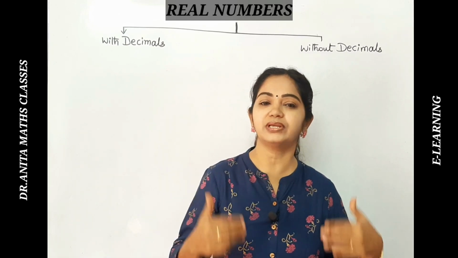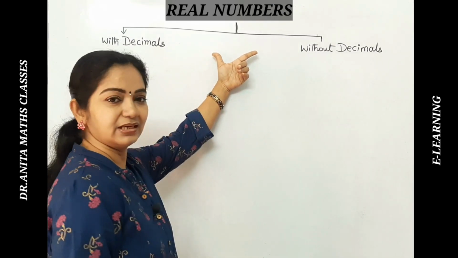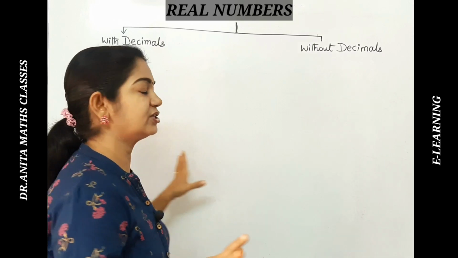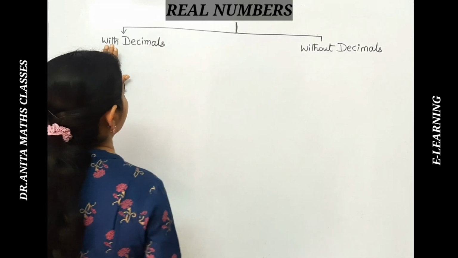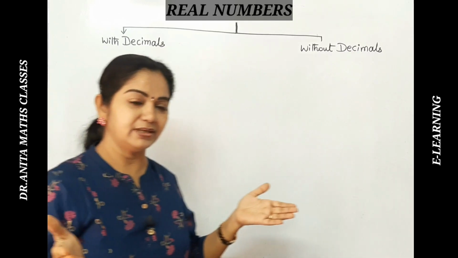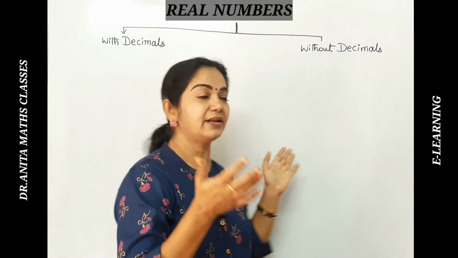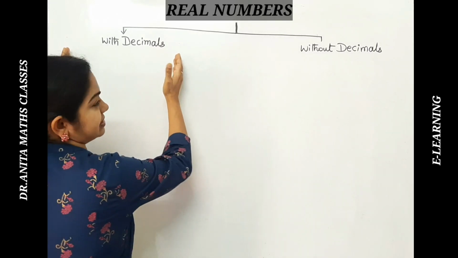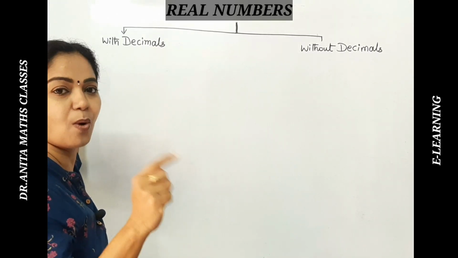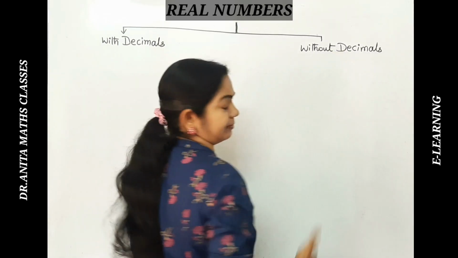Today in the first chapter, these real numbers mainly can be differentiated into two parts, with decimals and without decimals. Real numbers can be bifurcated into two sections: the numbers which are having decimals, decimals means points, right? 1.2, 3.2, likewise points, and without decimals.